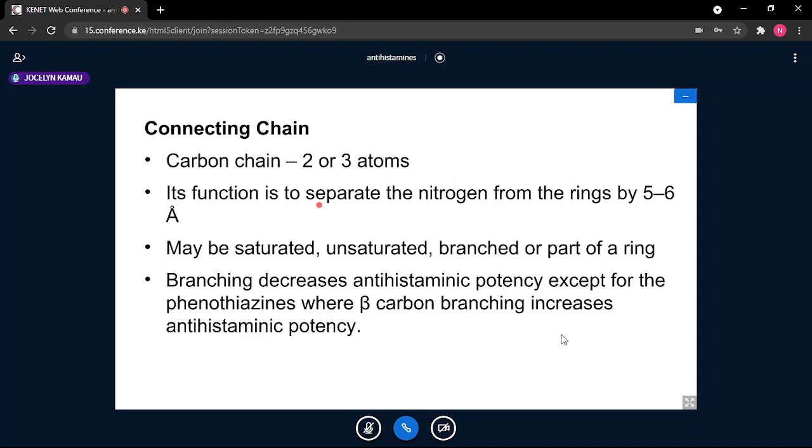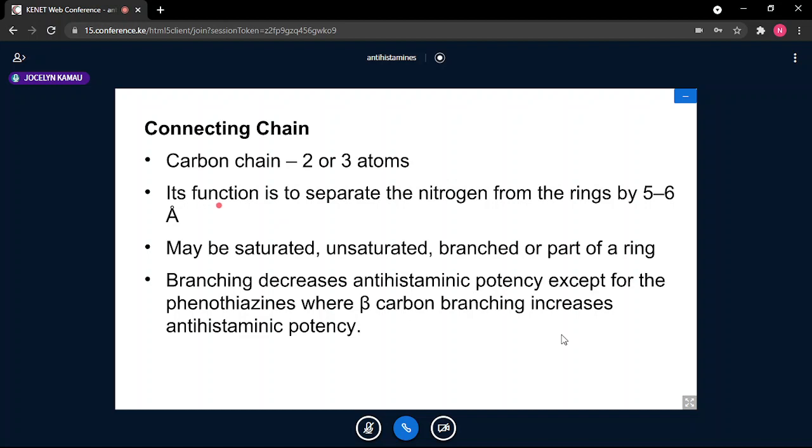That spacer has a length. Its function is to separate the nitrogen from the rings by 5 to 6 angstroms, which is the same as 5 to 6 times 10 to the minus 10 of a meter. So it is a very, very small unit used to measure bond length.